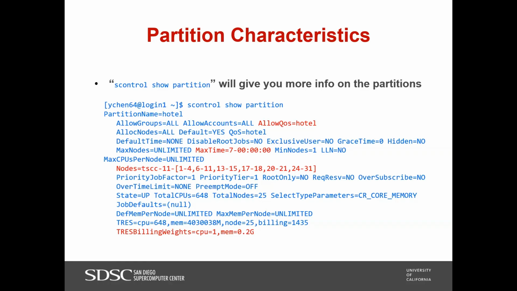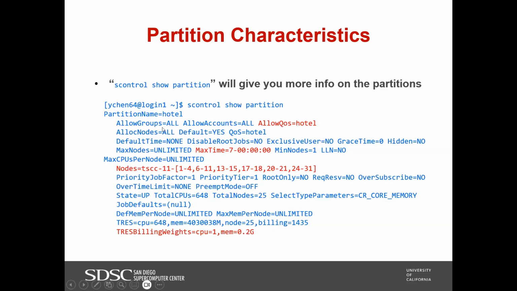So for the hotel partition, the maximum time is 7 days, but later if you check the QoS output, you will see that it's 1 day for the testing period. So you can submit a hotel job for a maximum of 1 day.